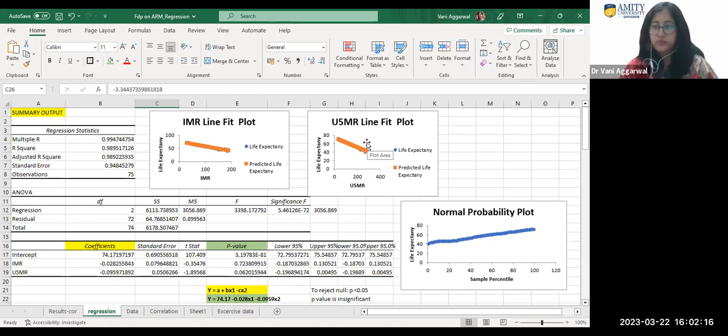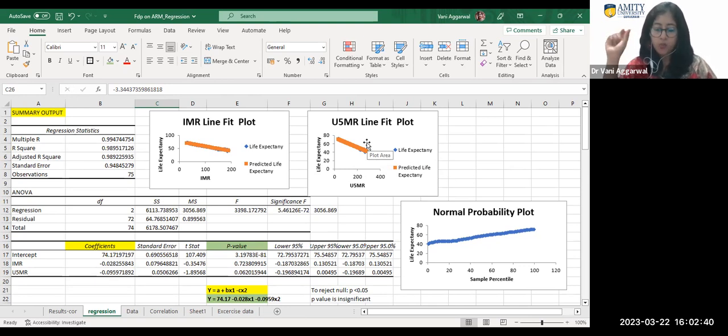Okay, so whenever you do any regression analysis, you should ask questions to yourself. Question number 1: how much of the data does this model explain? So where is the answer to this question?